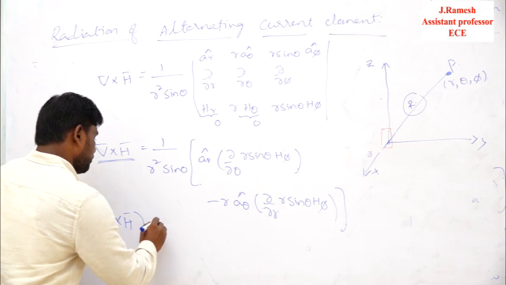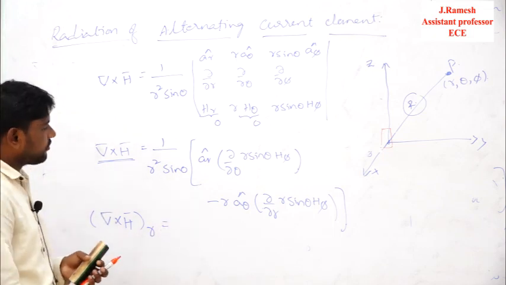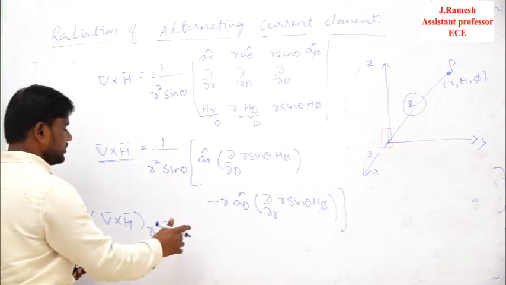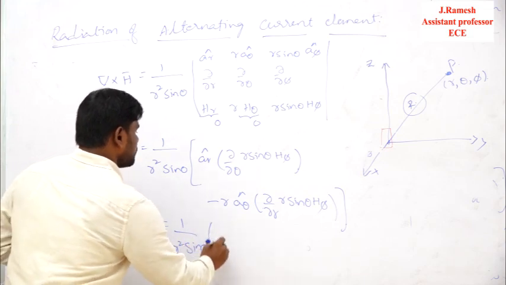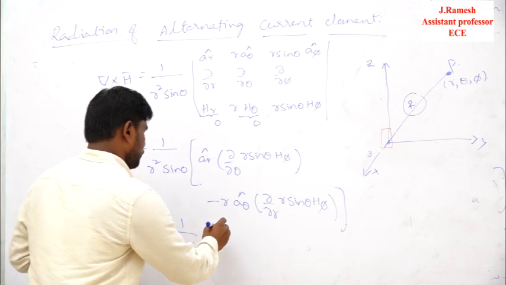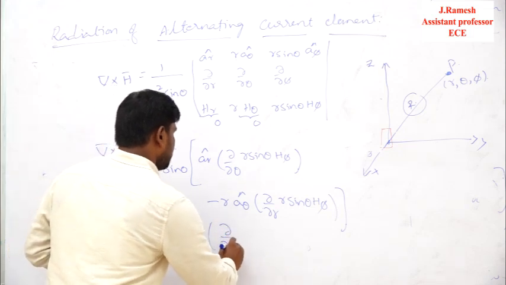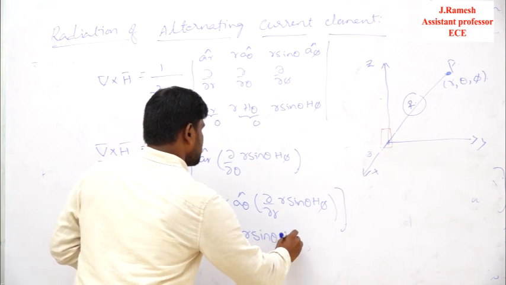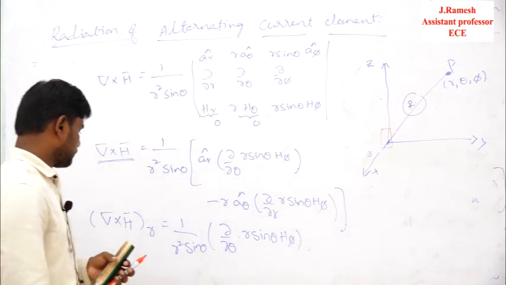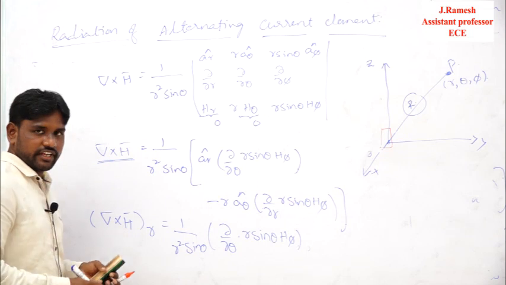How can you calculate the r component in this? That is 1 by r square sin theta multiplied with dou by dou theta into r into sin theta into h phi. So this is what we are going to derive now.